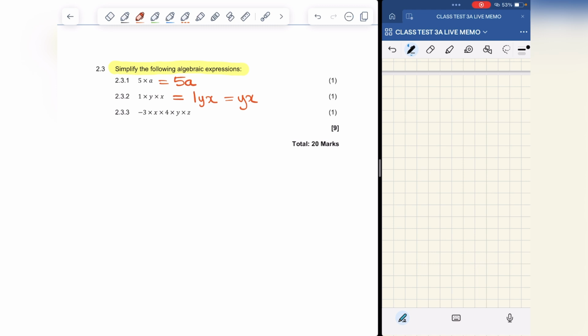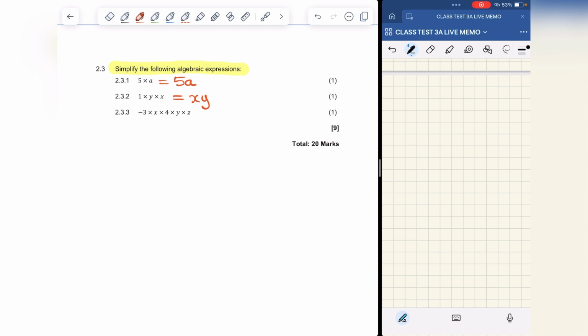And then we write the letters second, but also we write the letters in alphabetical order. So if we take out all these incorrect ways and write it the correct way, that will be just xy. Because we took the times signs out, we omitted the 1, we didn't write it down, and we wrote down the letters in alphabetical order.